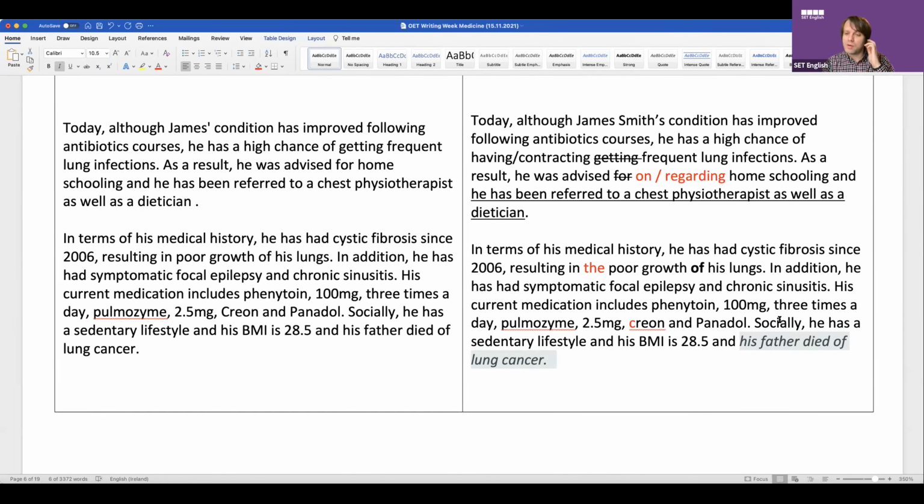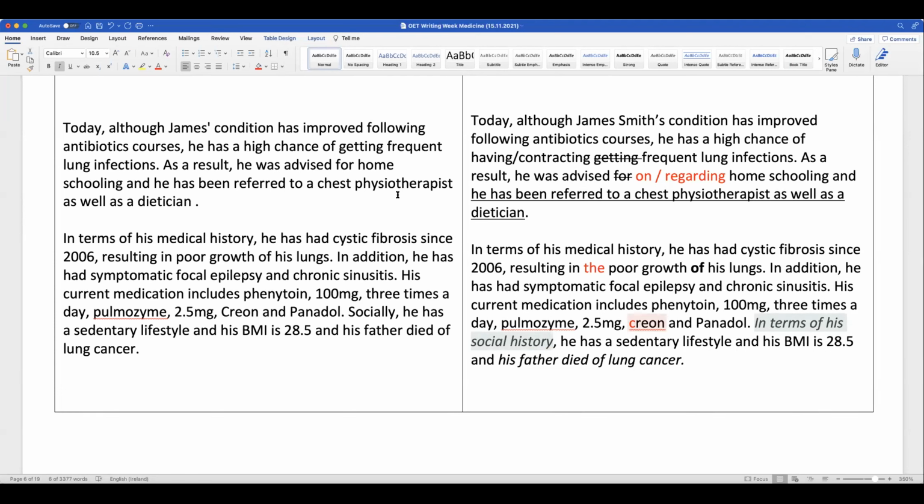It just doesn't work with socially. Yeah, socially means lifestyle, friends, hobbies. How about this? In terms of his social history. That sounds a bit better. With socially, it sounds a bit wrong with the father dying suddenly.